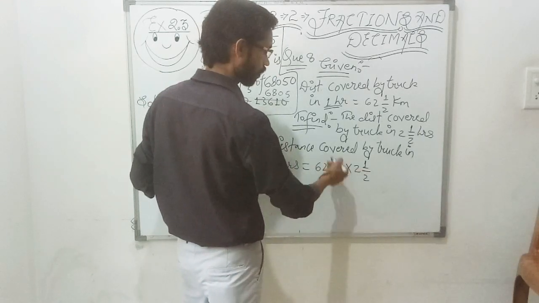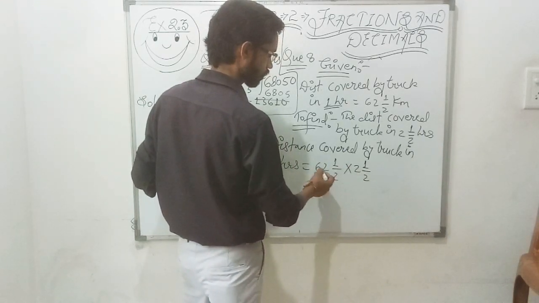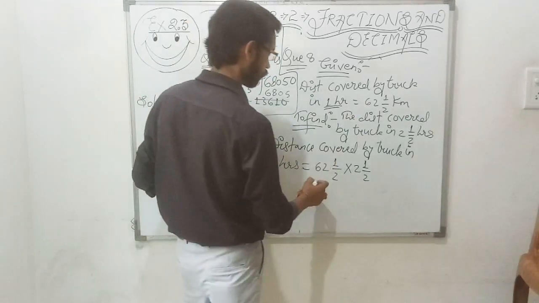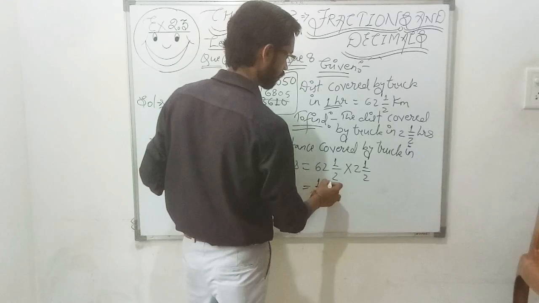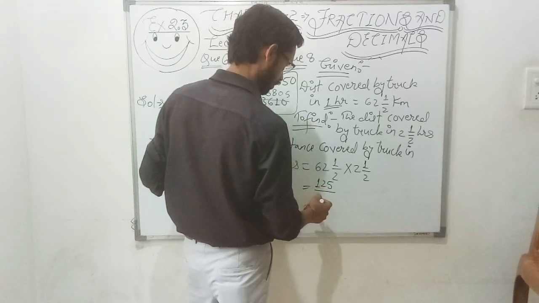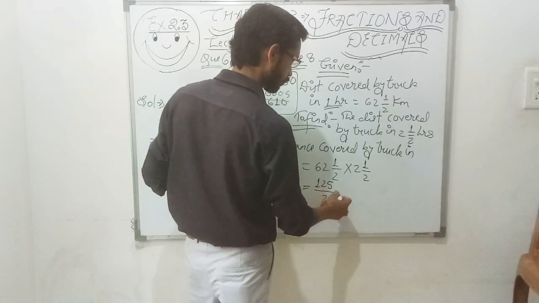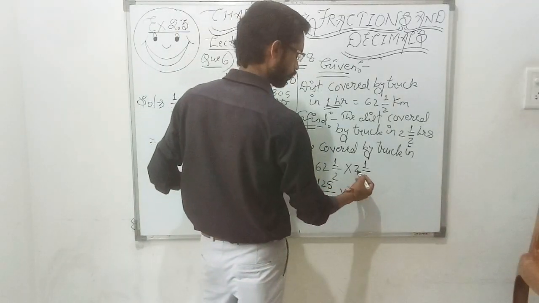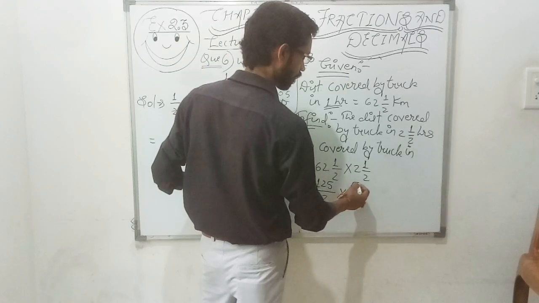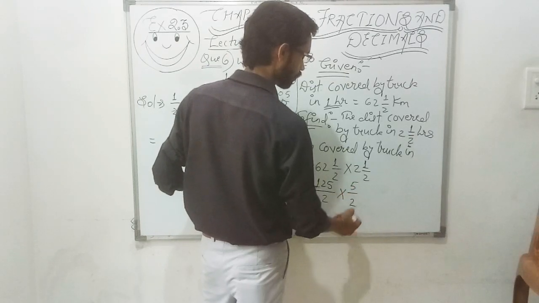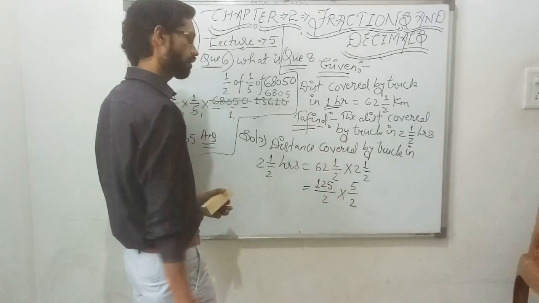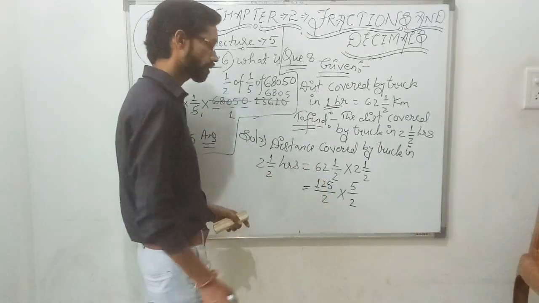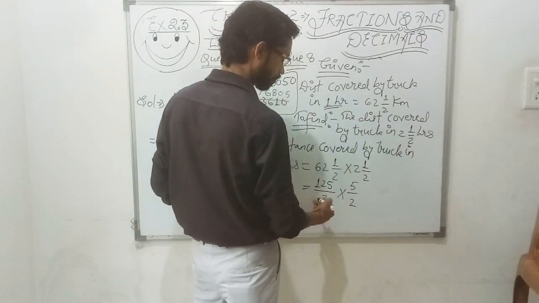So what we can see, first of all, we'll convert them into improper fractions. So 62 times 2 is 124, and plus 1, it will be 125 upon 2, multiplied by 2 times 2 is 4, plus 1 is 5 upon 2. From the cross section we can see whether they are being cancelled or not. No, neither of them is being cancelled.